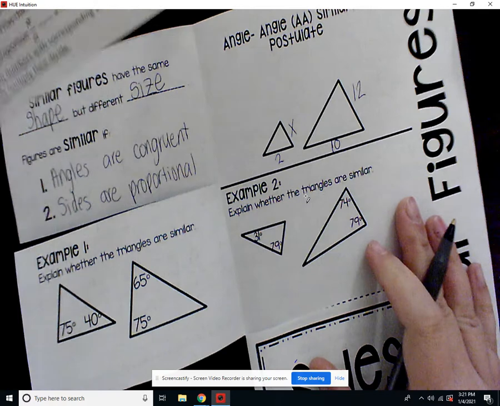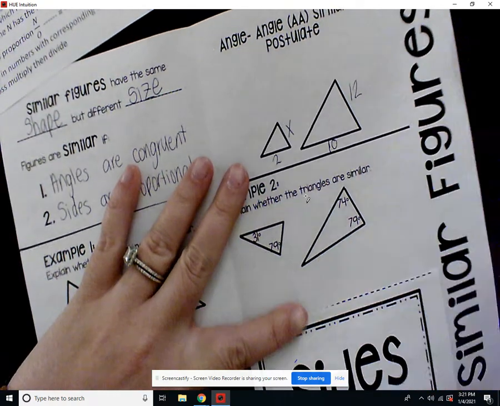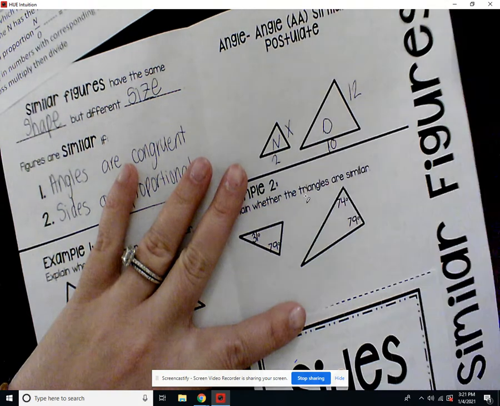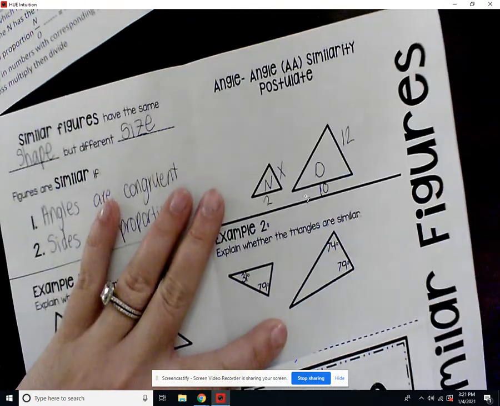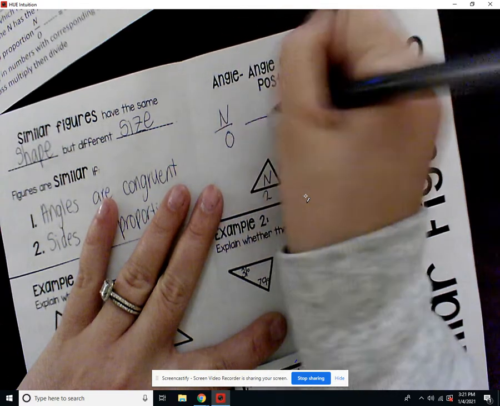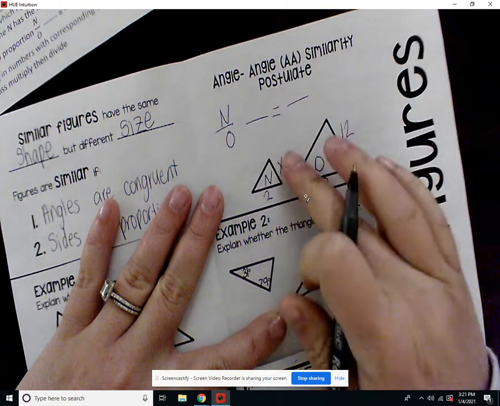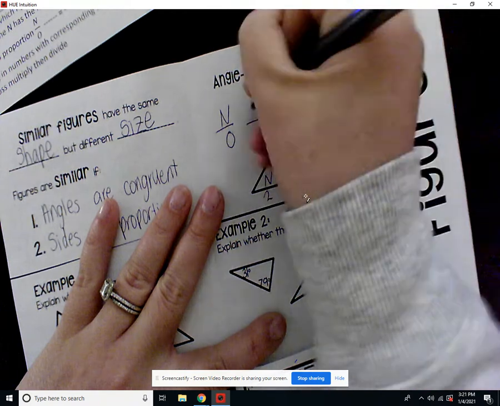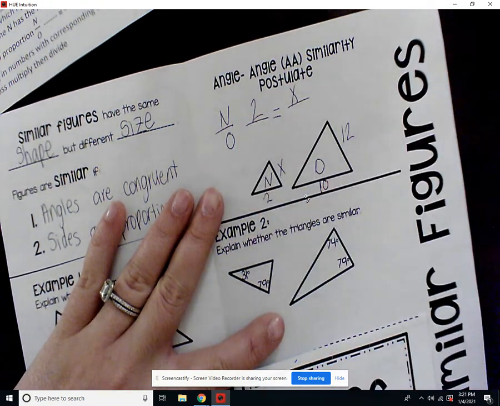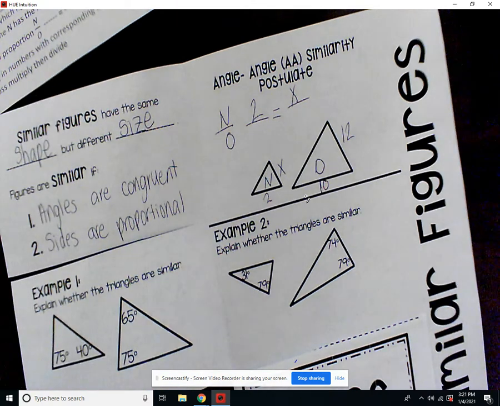Okay, so the new figure has the x, and the old does not have an x. Then we'll set up our proportion of new over old. Everything that has an N on it is going to go on top. So 2 and x. The order does not matter, so you could put x first, then 2, or 2, then x.